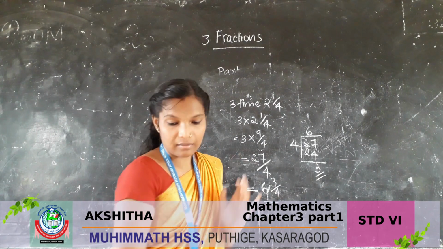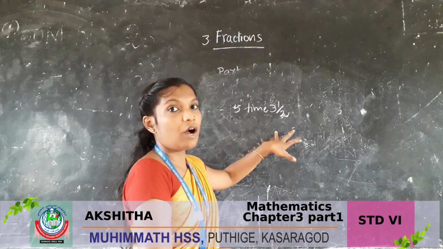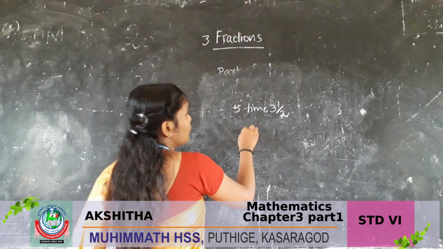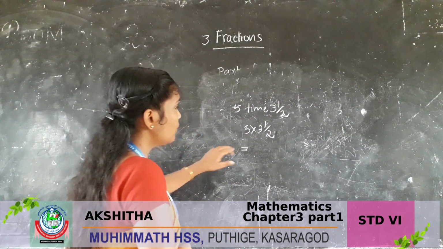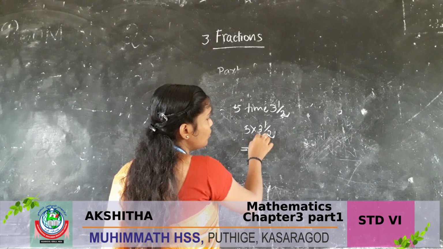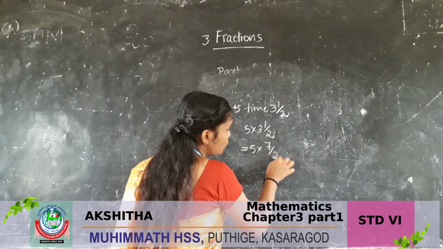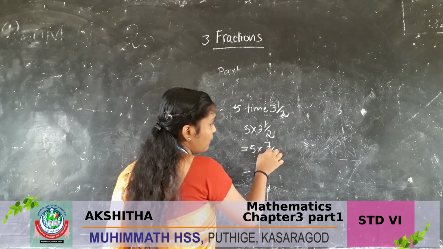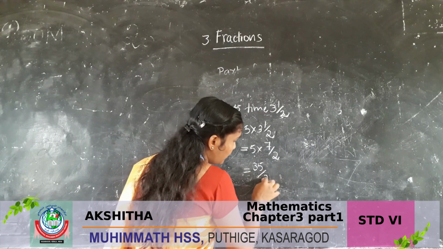Is it clear? What is the answer here? 5 times 3 1 by 2. How can we write this? 5 into 3 1 by 2 is equal to 5 into 3 into 2, 2 threes are 6, 6 plus 1, 7 by 2. 5 into 7, 35. 35 by 2.